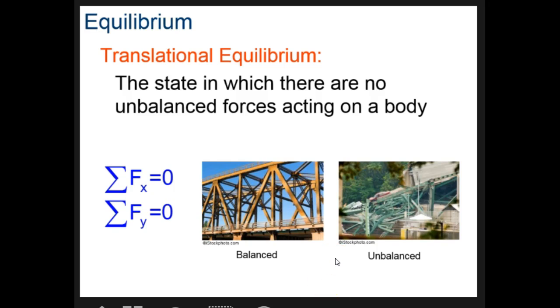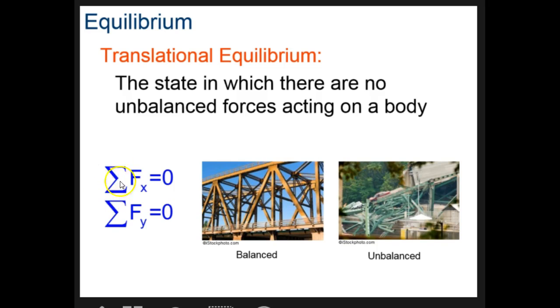Okay, so translational equilibrium. Translation, remember from geometry, means back and forth, something sliding back and forth, is a state where there are no unbalanced forces. For example, in this bridge, there better not be any outside forces causing this to fall down, because that would be bad. Basically, this symbol means the sum.